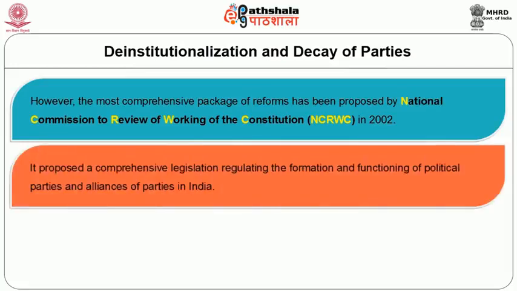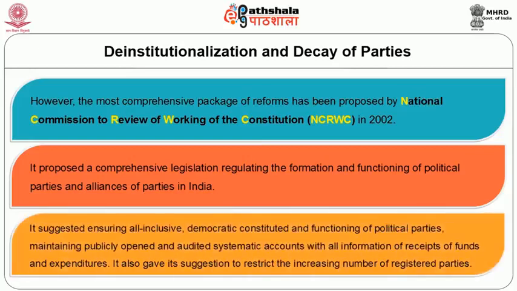It proposed comprehensive legislation regulating the formation and functioning of political parties and alliances of parties in India. It suggested ensuring the all-inclusive, democratic constitution and functioning of political parties, and maintaining publicly open, audited, systematic accounts with all information on receipts of funds and expenditures.